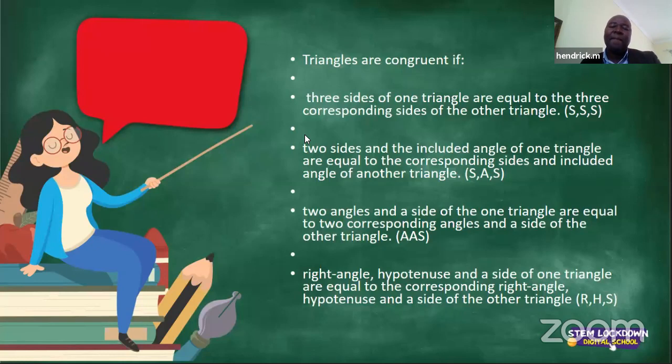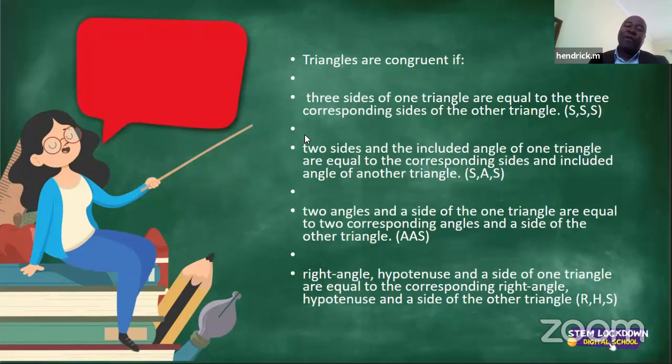This means that you are emphasizing that the three sides of one triangle are equal to the corresponding sides of the other triangle. And of course, we come to the second condition, which says two sides and the included angle of one triangle are equal to the corresponding two sides and angle of another triangle.